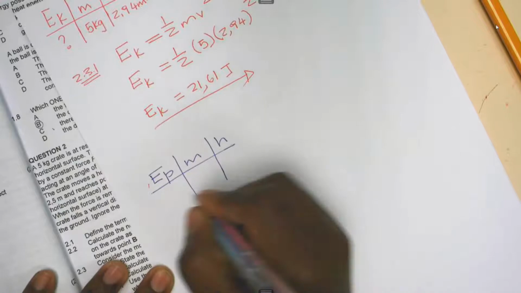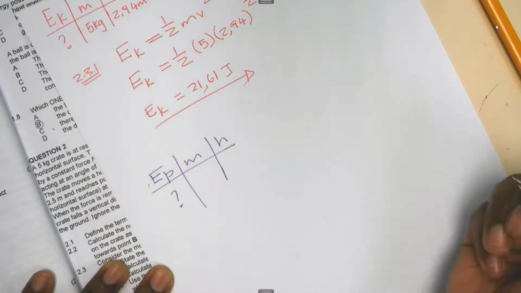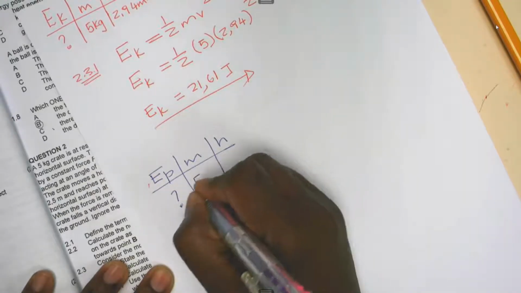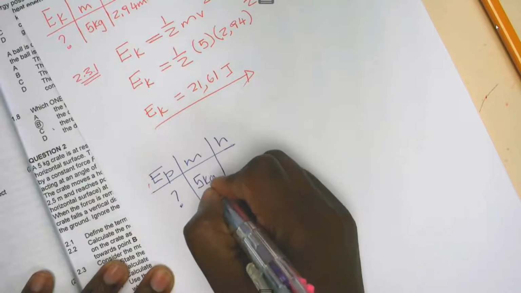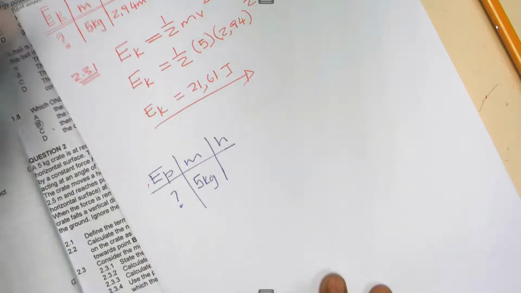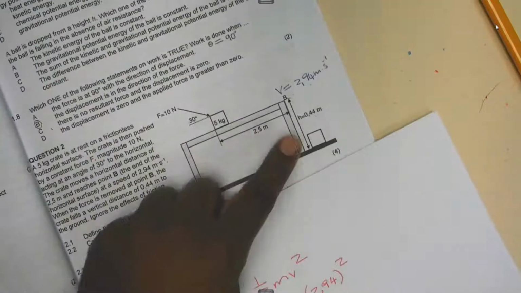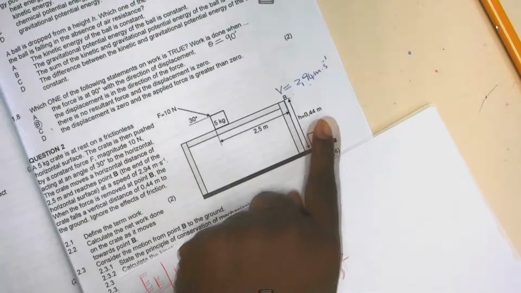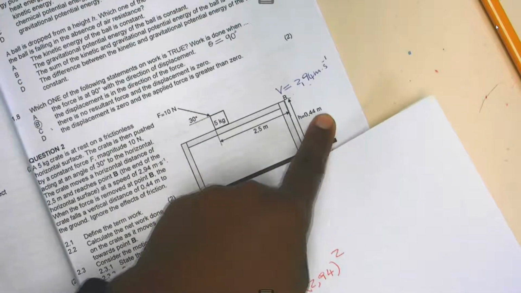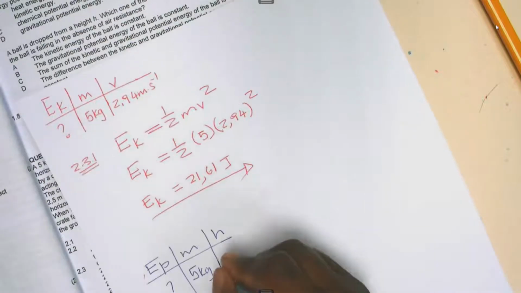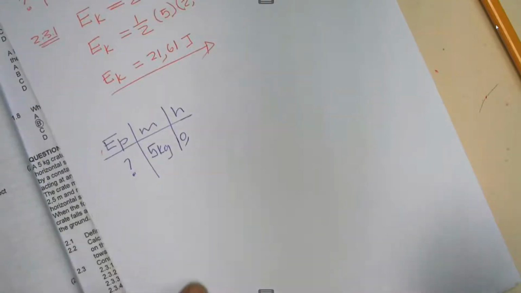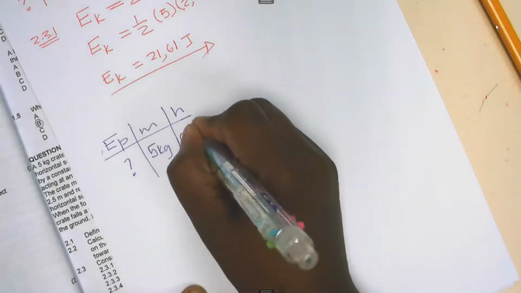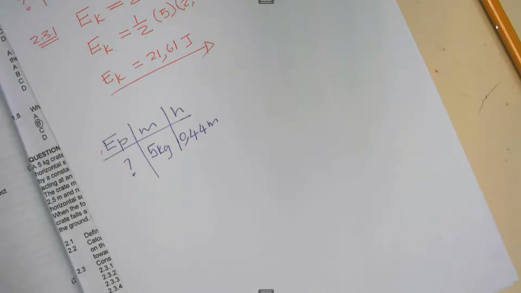Then you say, I want to calculate EP. Do I have mass? Yes, it's 5 kg. Do I have h? Let's see. Do I have h? 0.44. Is it in the correct units? Yes, it's in meters. 0.44 meters. Then you go to your formula sheet.